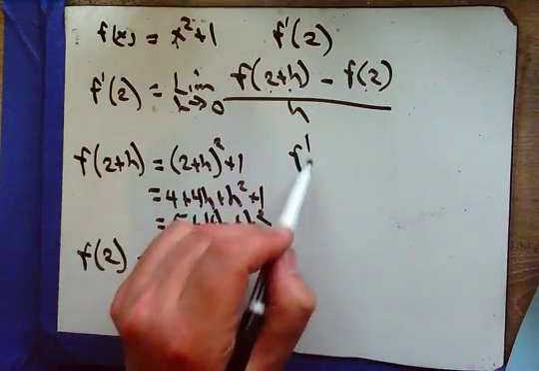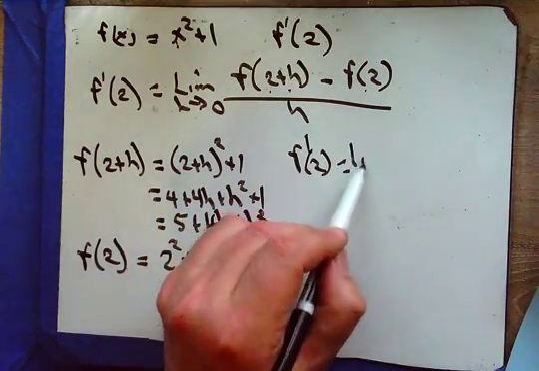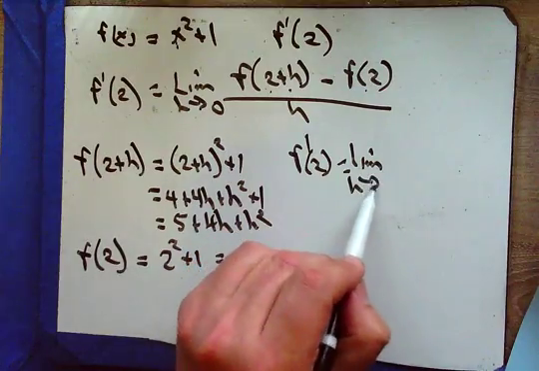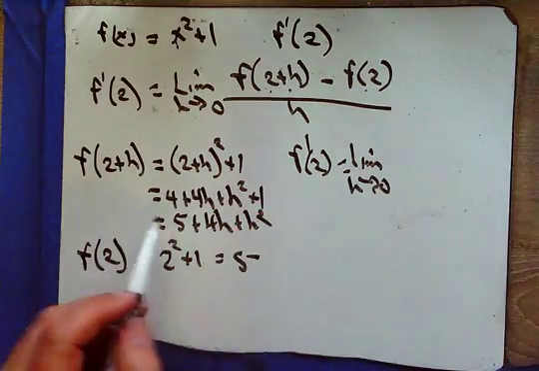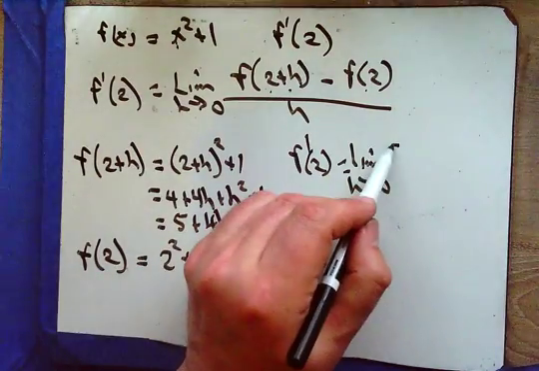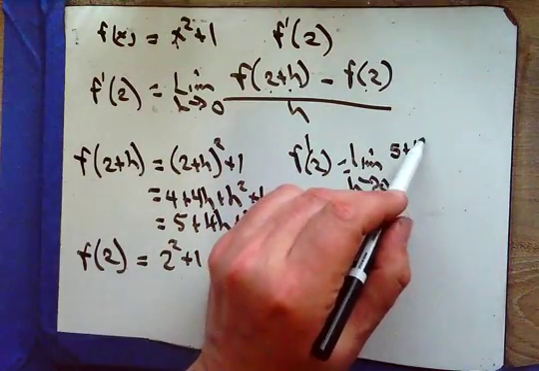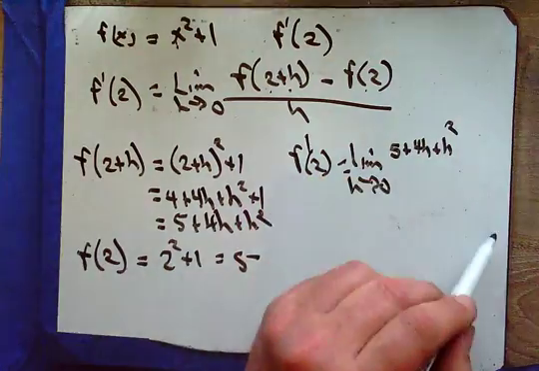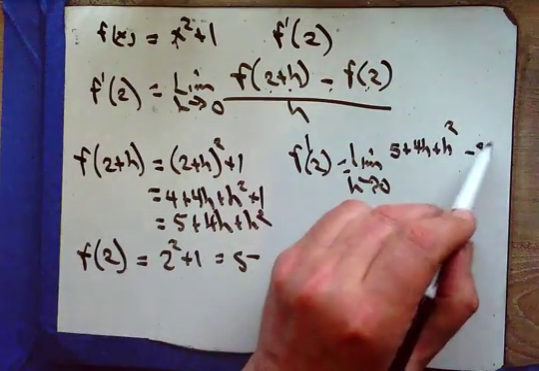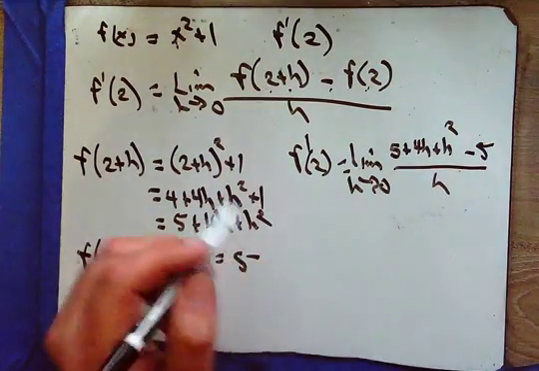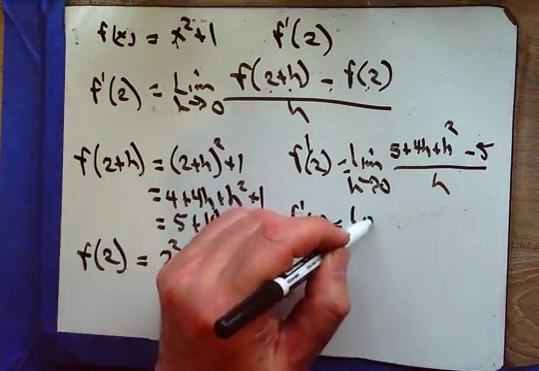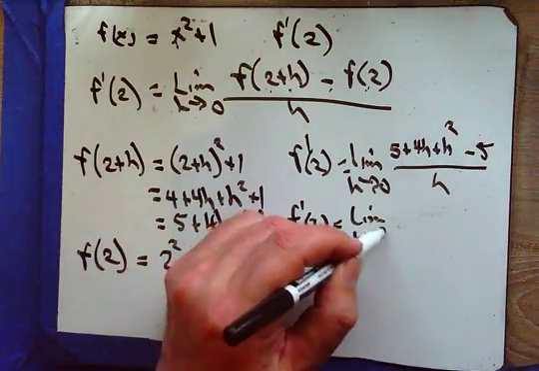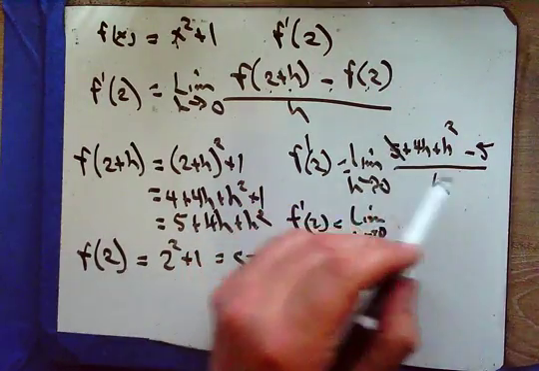So now we can say f prime of 2 is the limit as h heads to 0 of f of 2 plus h, which is this stuff, 5 plus 4h plus h squared, minus f of 2 all over h. And so f prime of 2 is going to be the limit as h heads to 0 of, oh look, these cancel.